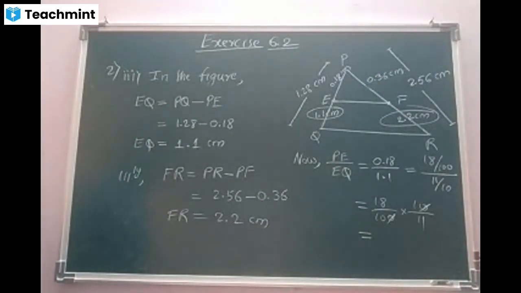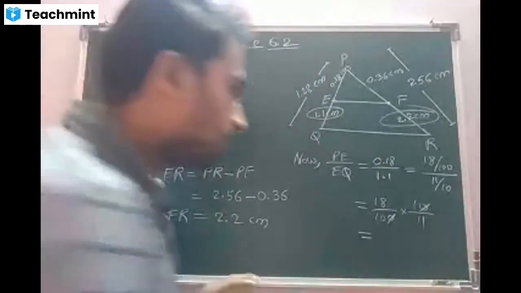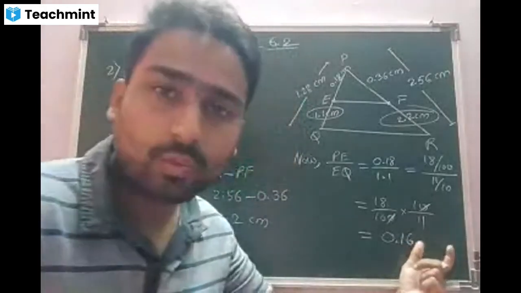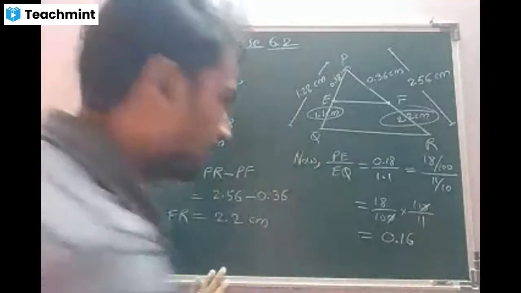Are you sure? Yes, sir. 0.16. Beta, even though the decimals will continue, we will terminate only at 2 digits. That is sufficient.